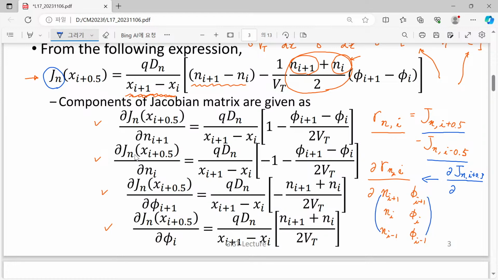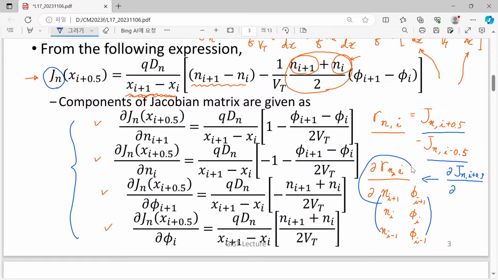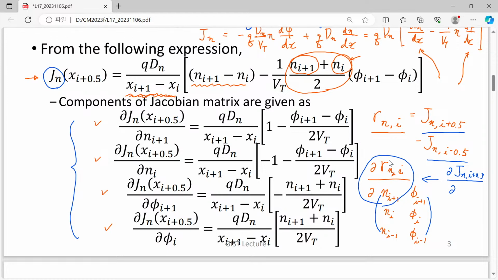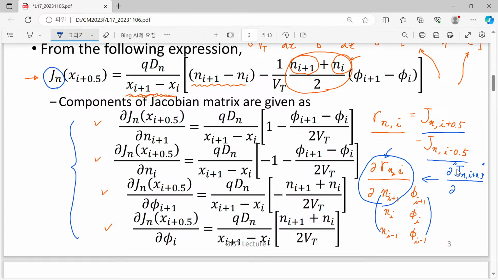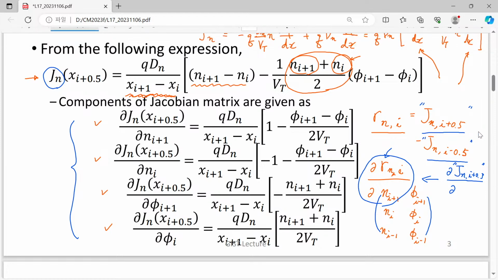That's the reason I show you quantities like round Jn over round n. Although what we want to calculate is the derivative of the residue vector with respect to our solution variables, it is closely related to the partial derivative of our current density shown here. I hope everybody can understand this quite readily.